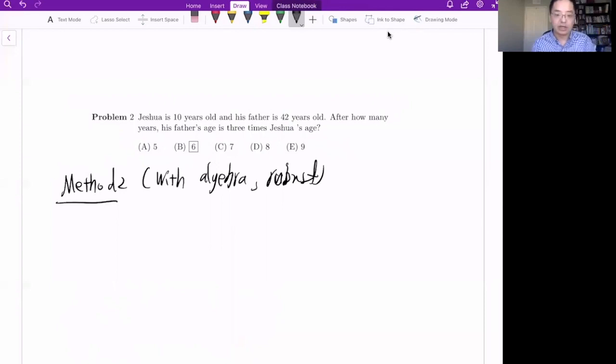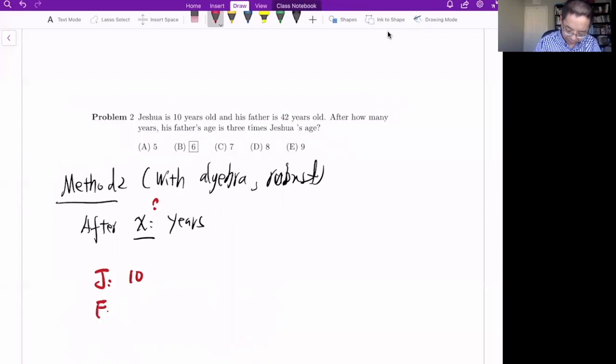What I do is I just introduce a variable. Say it's x years, after x years, and this is what we need to figure out. Joshua started from 10, his father is 42.